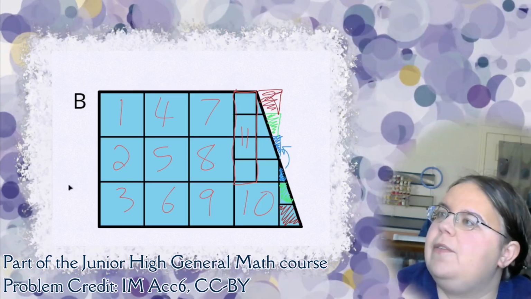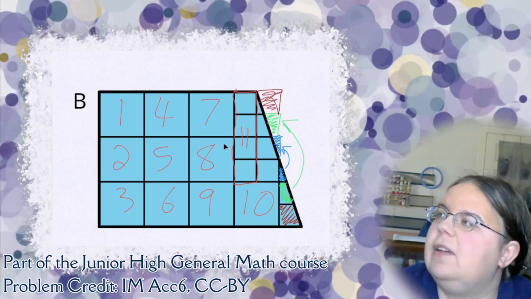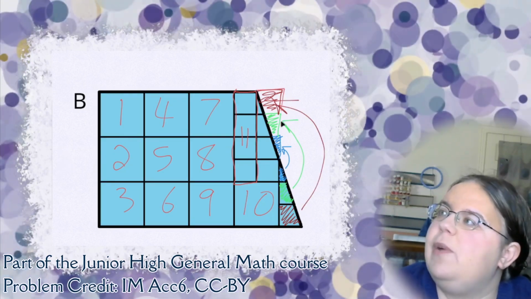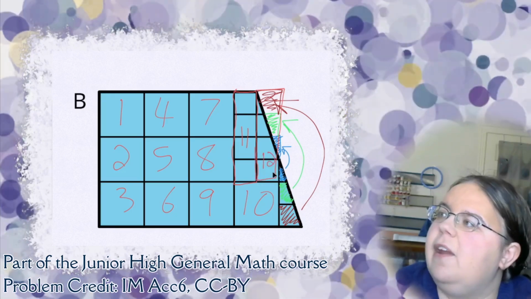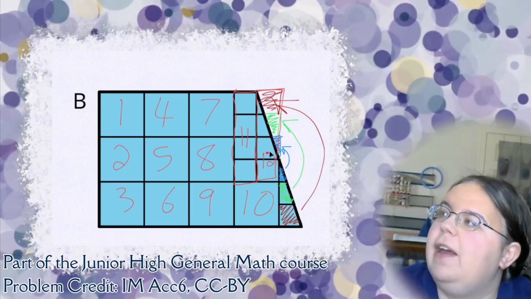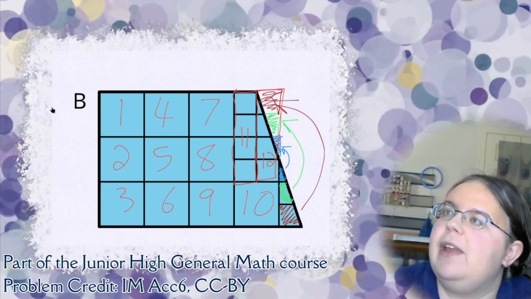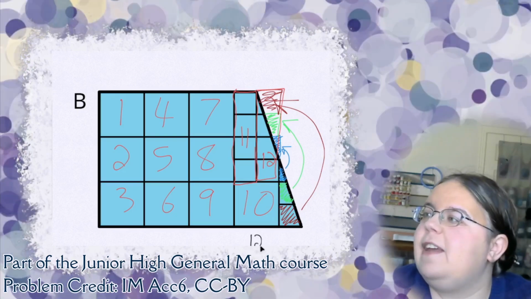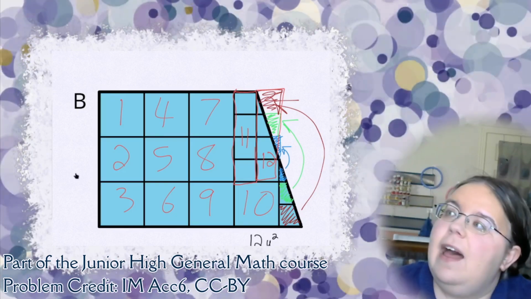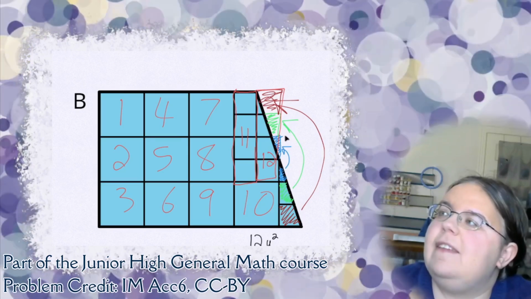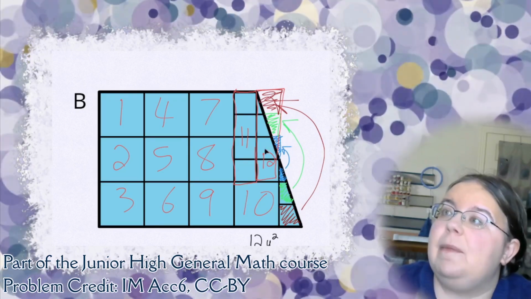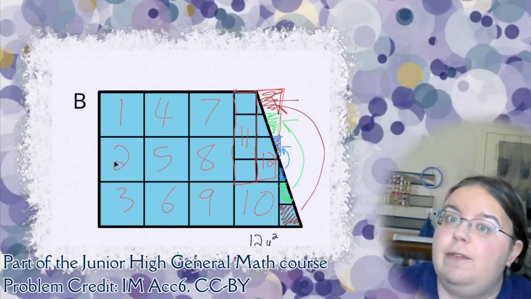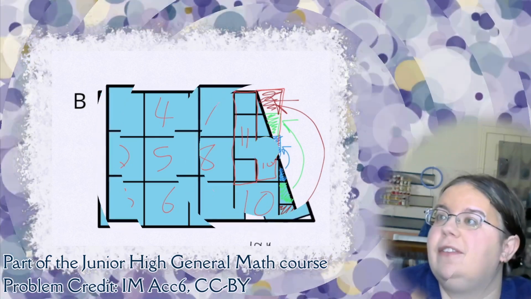So if we decompose and recompose those, we would get a 12th area unit there by making 4 of the quarter area unit grid squares, you know, the split down ones. So again, we find that that's 12 units squared. I like this way because it helps me out with the precision compared to option A. We just had to keep track of the fact that there were a couple of different sizes of squares.